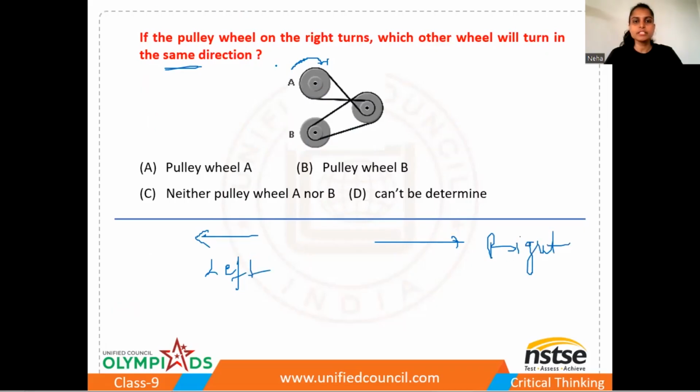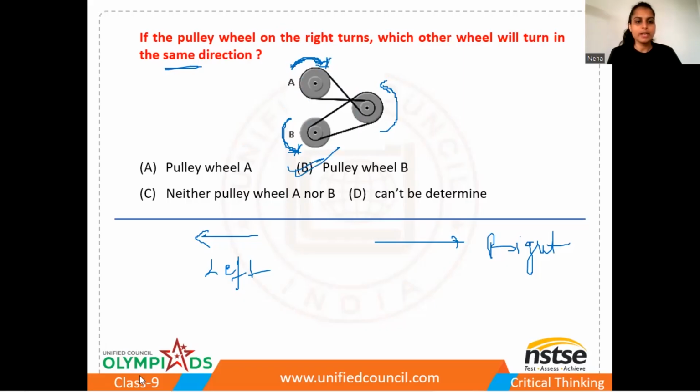So if this is moving in this direction, then this will move in this direction, and this also moves in the same direction. So yes, this is moving in the right direction, and this is also moving in the right direction. So we can say that pulley wheel C is the right answer.